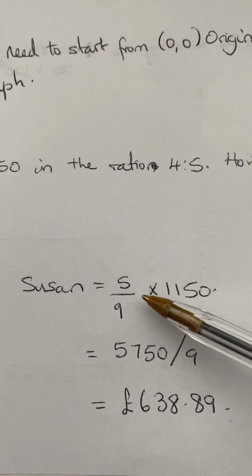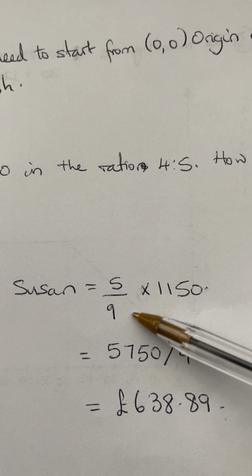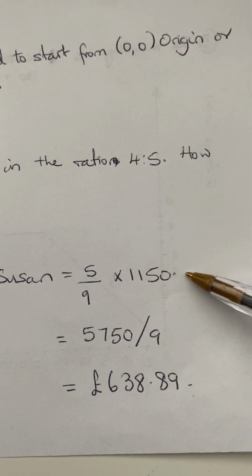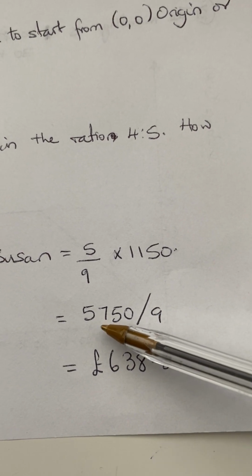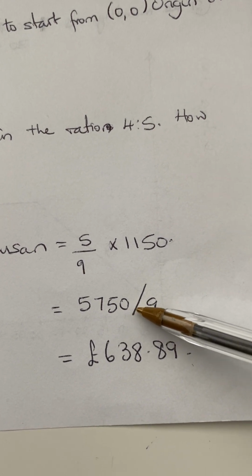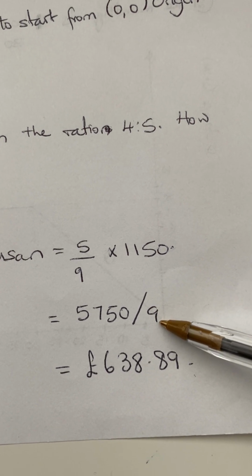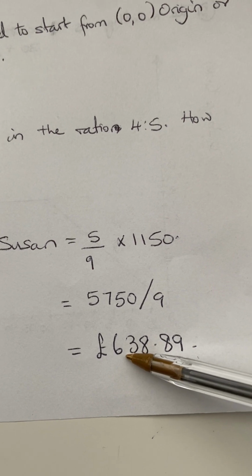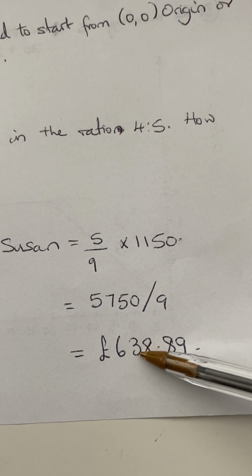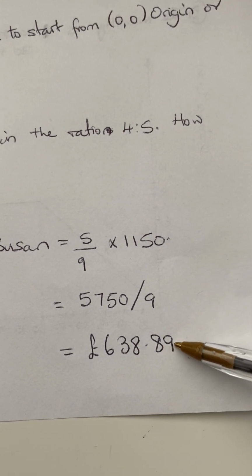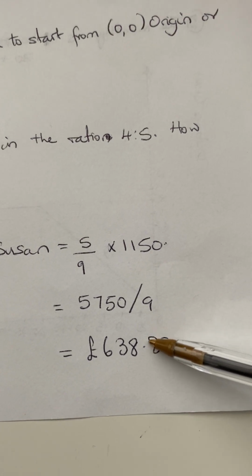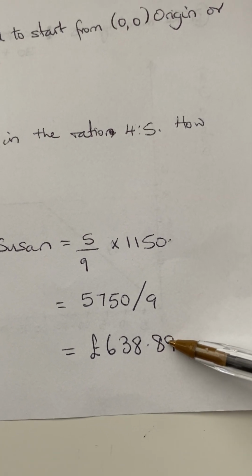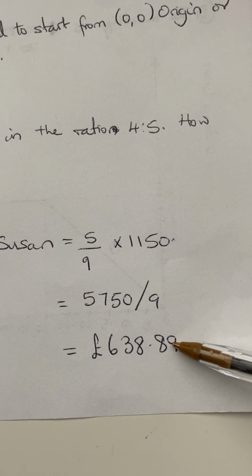Susan also has 5/9 times 1150. So on the calculator you have 5750 divided by 9. So Susan will take £638.89. Again, this is money, 89 pence. You can get that in real life.